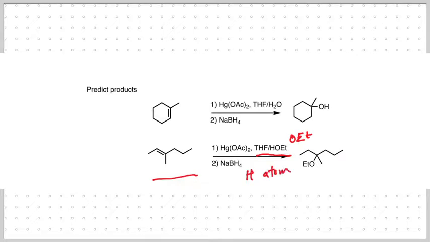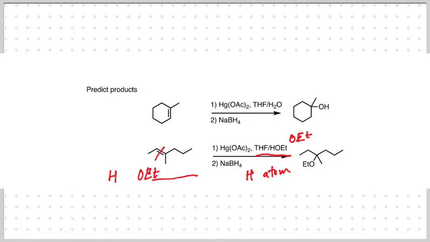So as usual, we will break this double bond. Then we need to determine which side we should be adding the hydrogen atom and which side we should be adding the ethoxy group. So this is based on Markovnikov's rule. So according to Markovnikov's rule, we will be adding the hydrogen atom to the side at which we have the most number of hydrogen atoms.